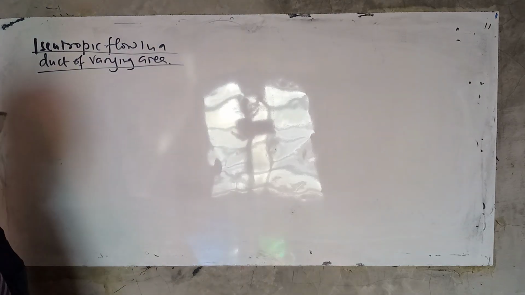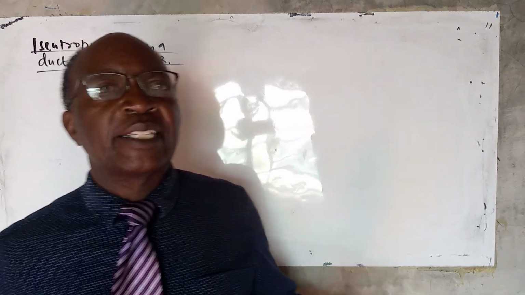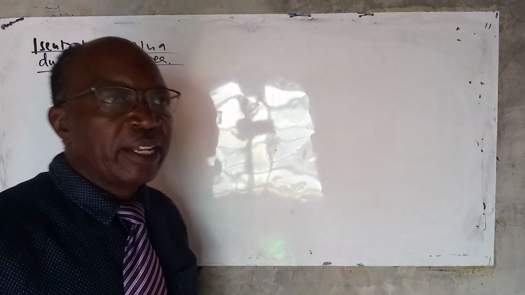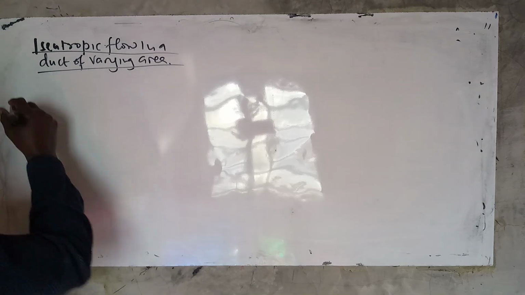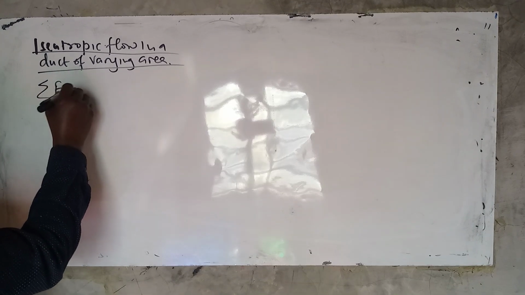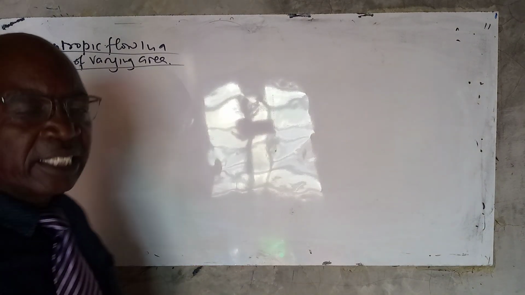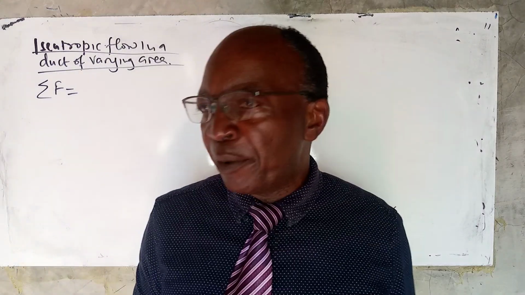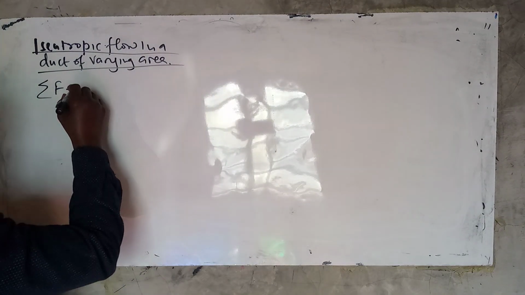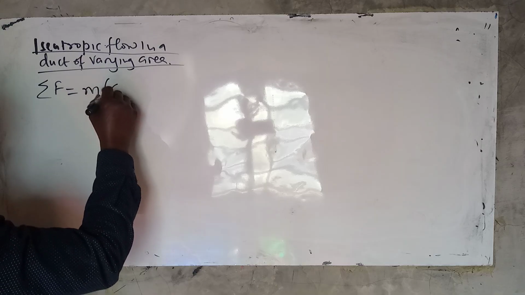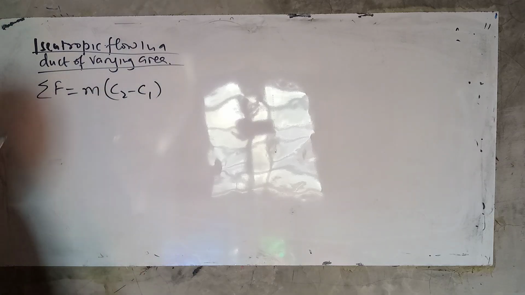Now if you remember from our last lectures, and I keep encouraging you once again to go through our lectures systematically. In the last lecture, we developed the momentum equation, which gave us the sum of the forces involved, assuming there are no components in the y-axis, as m(c2 - c1).